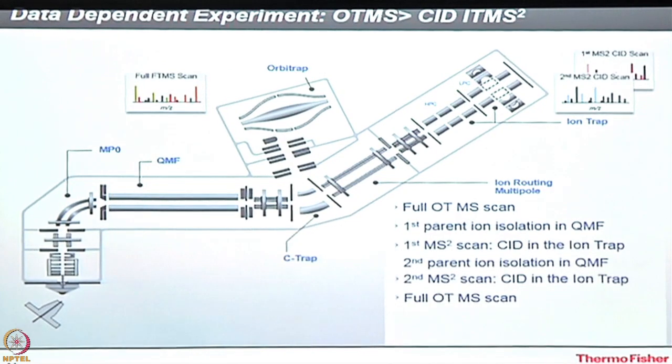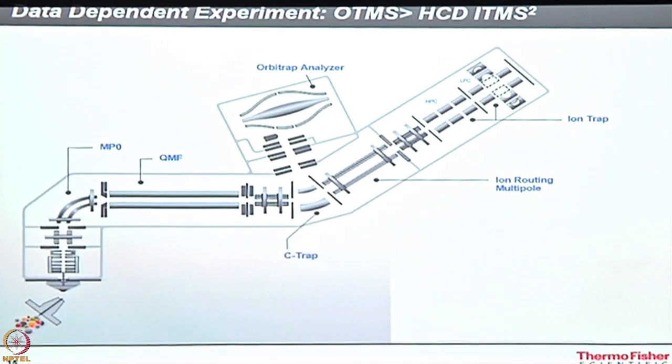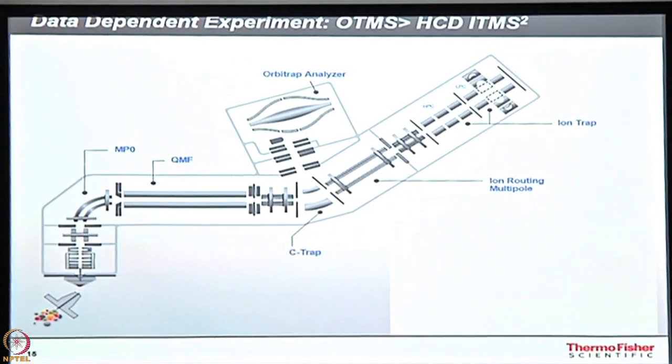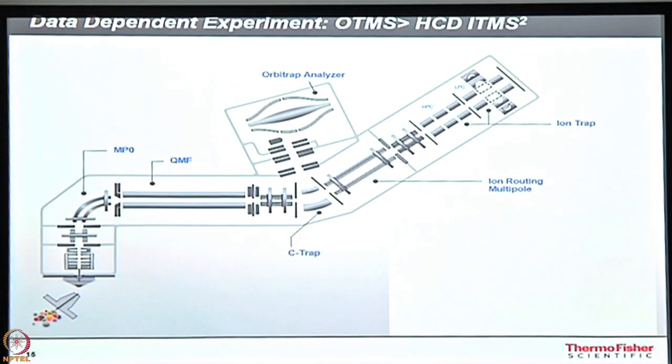Now the second experiment is the HCD. In the first experiment we were doing CID, and the fragmentation happens here. Now in case of HCD, the fragmentation will happen here. The same way, the full MS will stop here, then go to the Orbitrap for analysis.